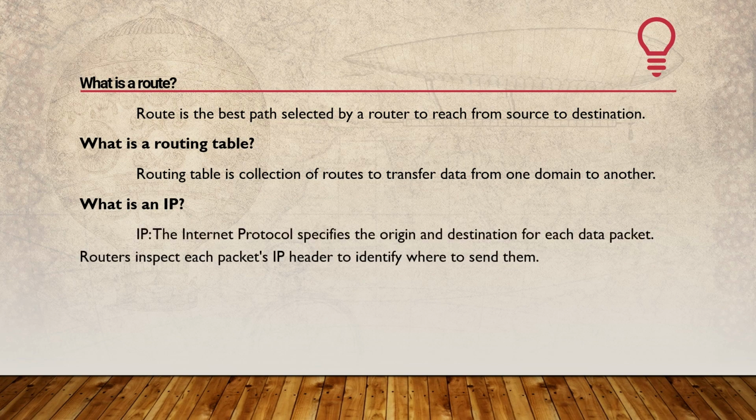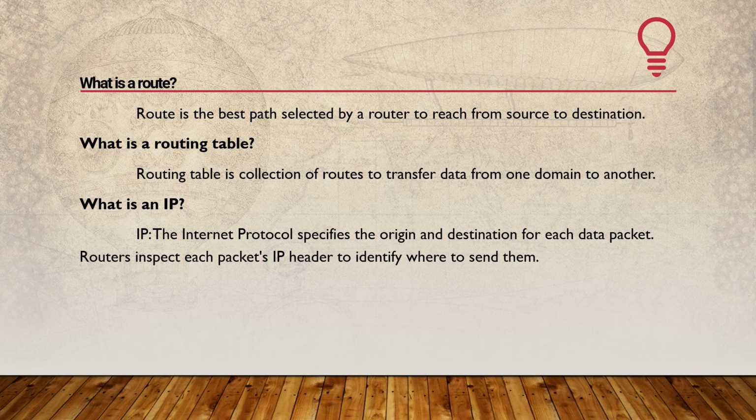What is IP? IP is the Internet Protocol, which specifies the origin and destination for each packet. If you are sending a letter from one person to another person, in the letter we write a source address and destination address. Only then will that letter reach the designated person. In the same case, any network packet flowing in the media will have a source IP address and destination IP address.